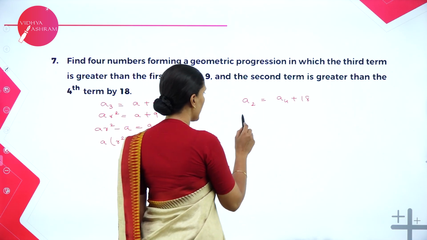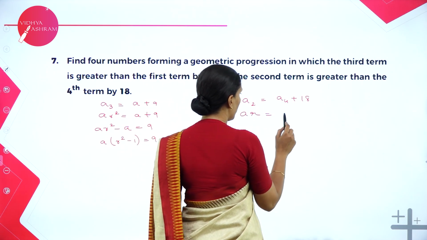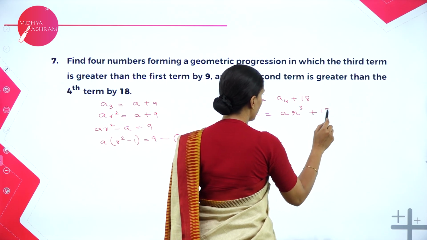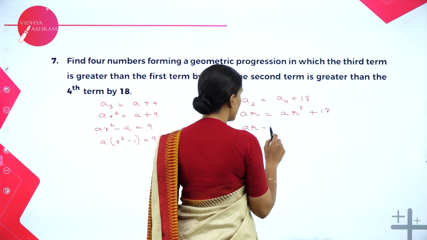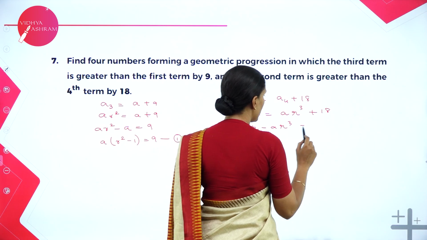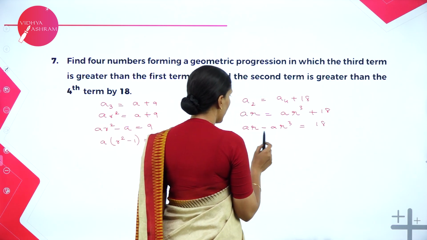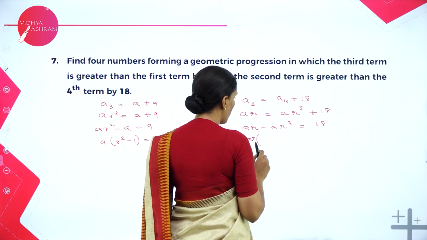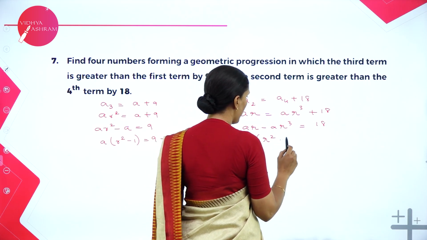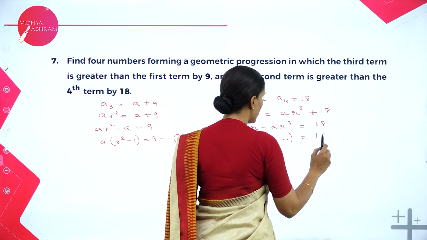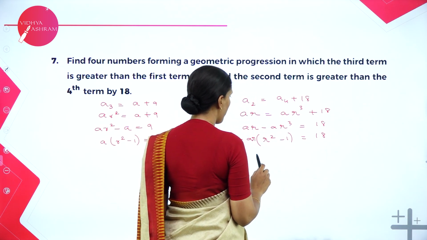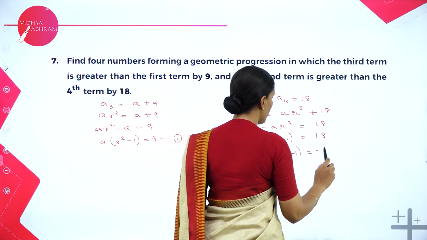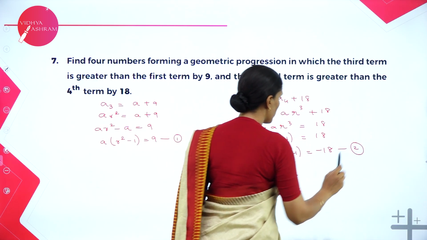Now let's solve this. AR is equal to AR cube plus 18. AR minus AR cube is equal to 18. If I take minus A outside and R outside, then I'll get R square minus 1 is equal to 18. Or I can write AR into R square minus 1 is equal to minus 18. Let's take this as equation 2.